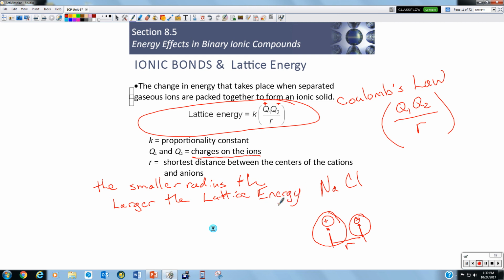All right, and that should make sense when we look at it. The smaller the number that we have in the denominator, the larger the lattice energy is going to be overall. So the smaller the number you're dividing by, the higher the lattice energy. And I'll make an additional statement to that in a minute. Does everybody have what they need off of that?